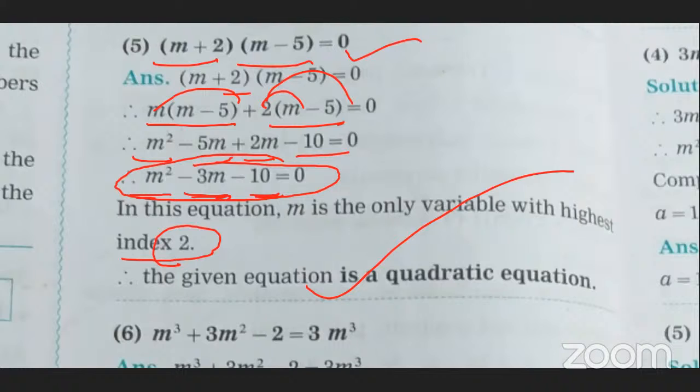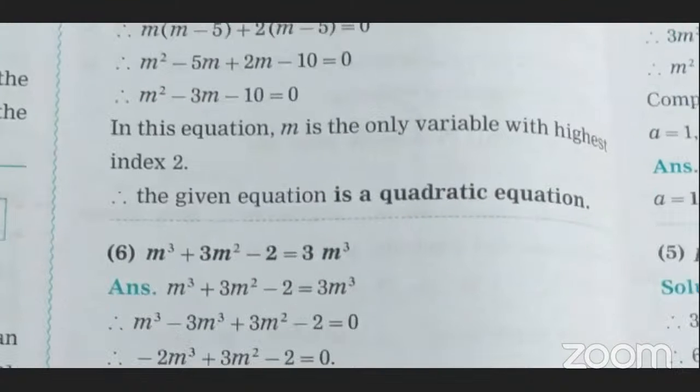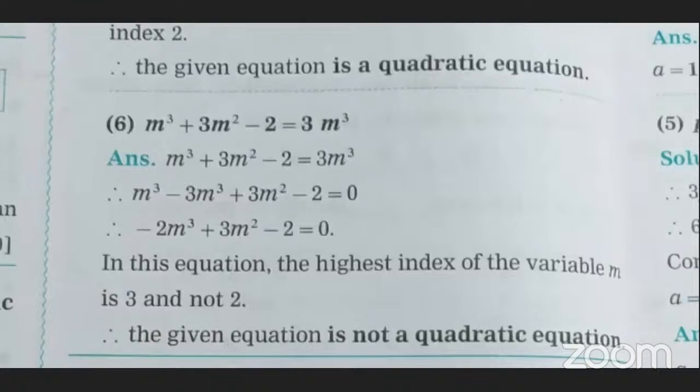Clear, all of you? Question number 6. m cube plus 3m square minus 2 equals to 3m cube. So shift it here, this minus will come, this side it will become 3m square, this m cube, 3m cube, this comes at minus, then 3m square minus 2 equals to 0.